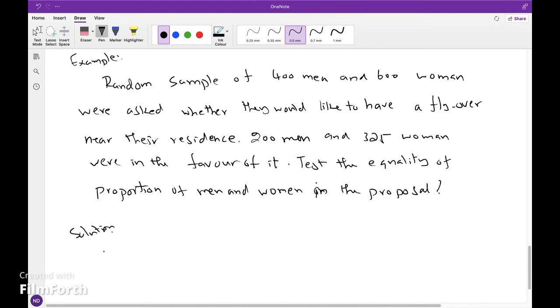Solution: let P1 and P2 be the proportion favorable to have a flyover among men and women populations respectively. So N1 is 400, N2 is 600, P1 is 200 by 400, P2 is 325 by 600.